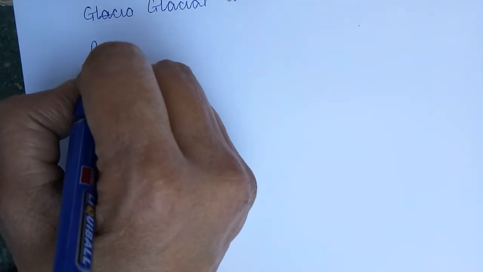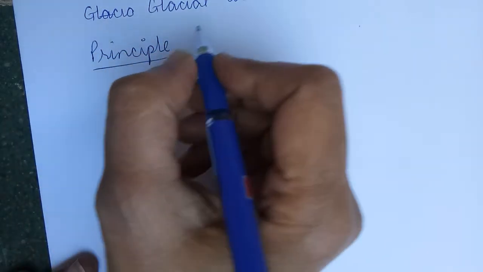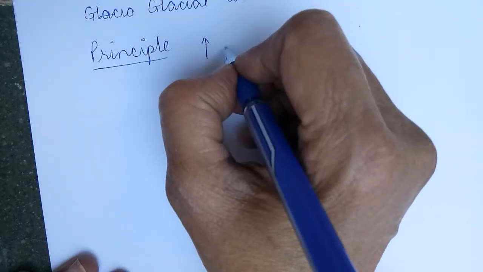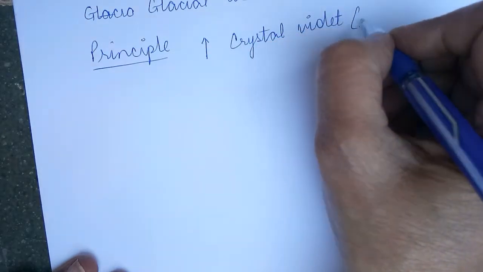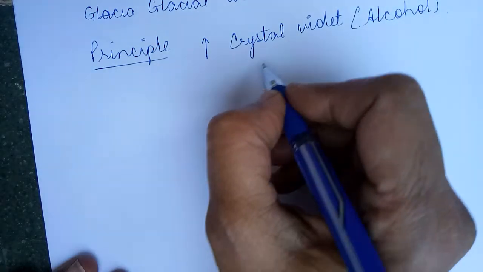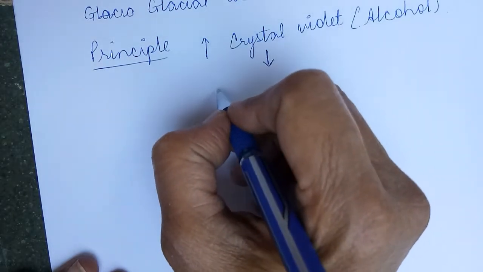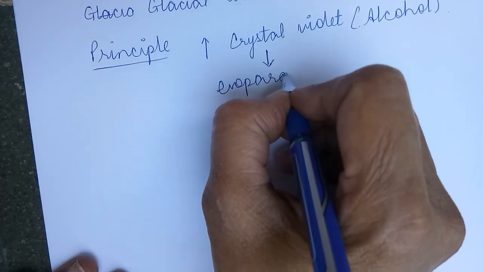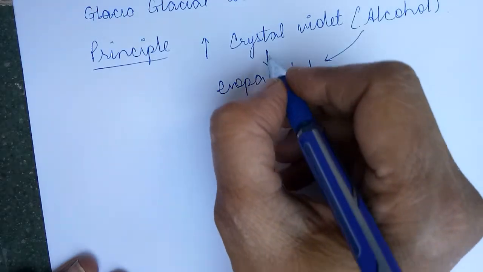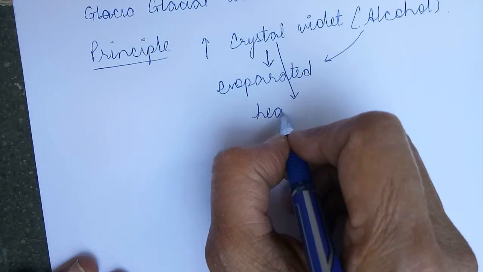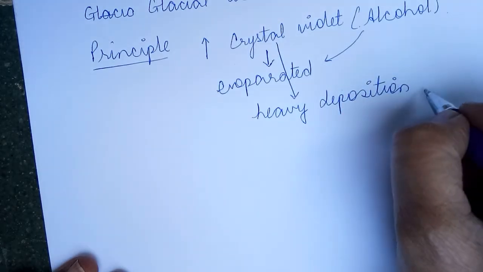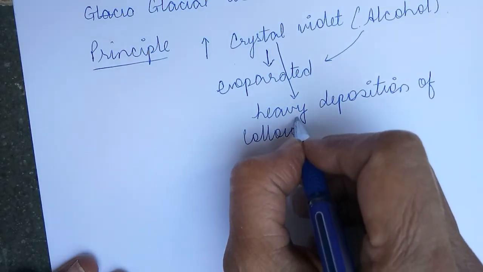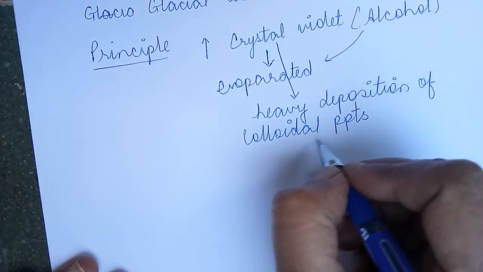In the Harris method, the principle is that a concentrated solution of crystal violet, which is made in alcohol, will stain the bacteria and the alcohol will evaporate, and this crystal violet will give a heavy deposition of colloidal precipitates on the bacterial cells.